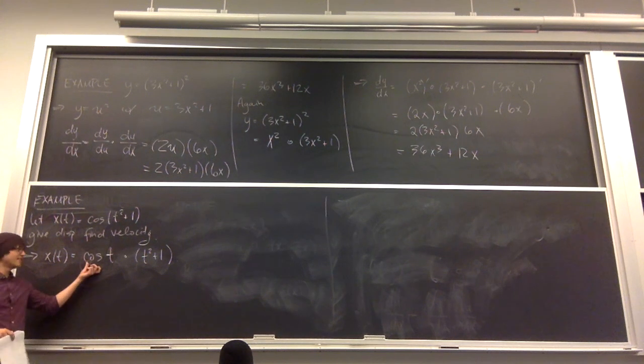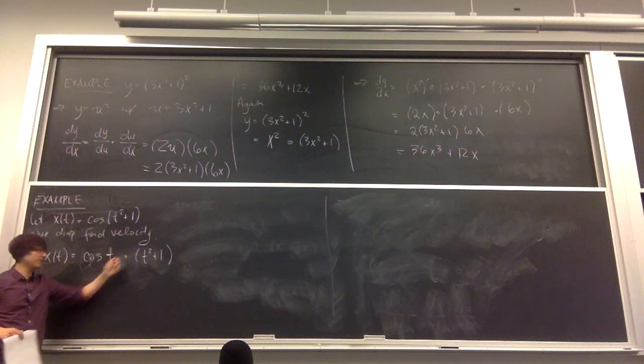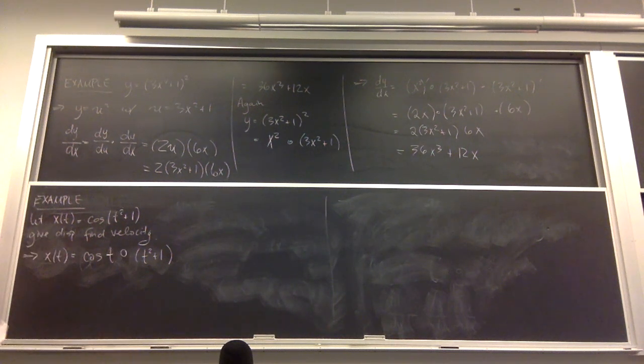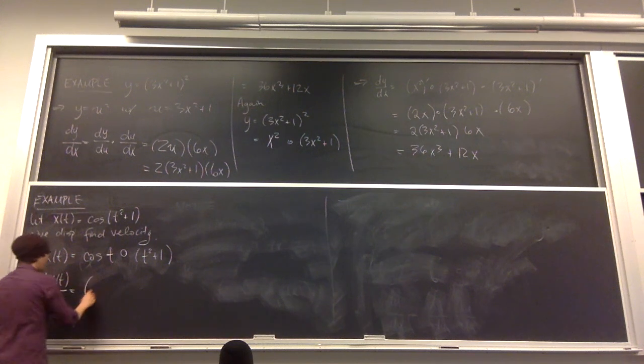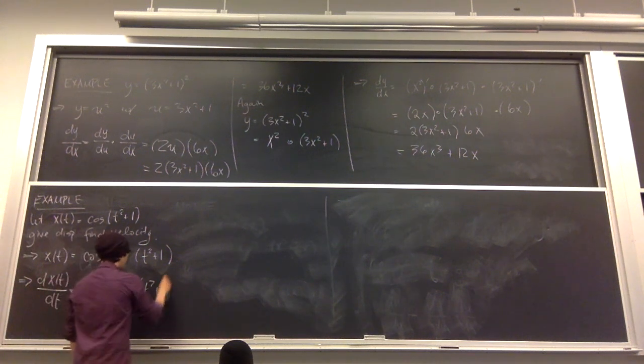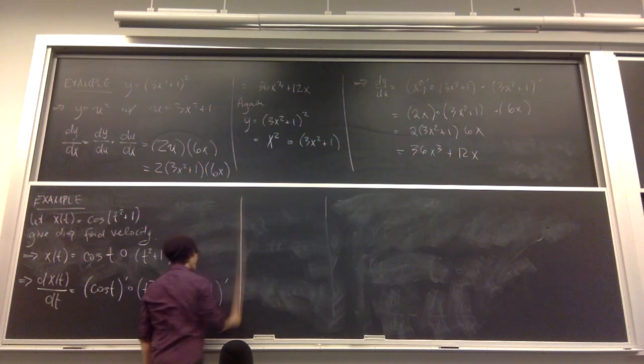This means that you just replace t with this. That's what that composition means. I'm going to really exaggerate these circles today. This means that the derivative of x of t with respect to t is the derivative of cos t composite t squared plus 1 times t squared plus 1 prime.